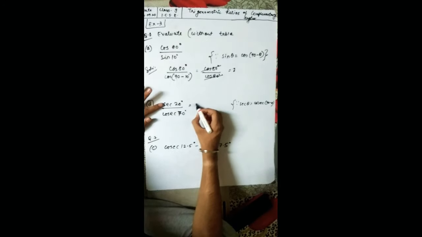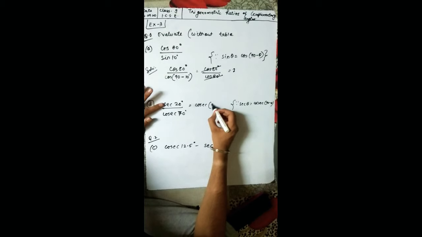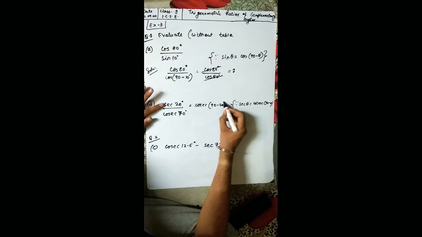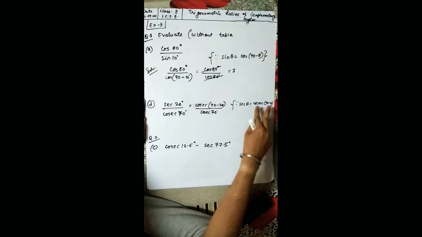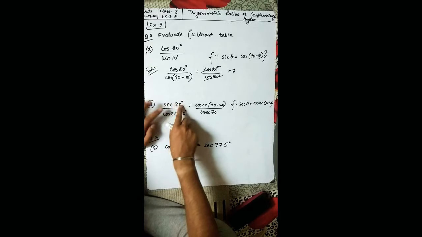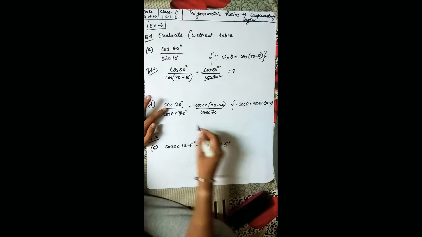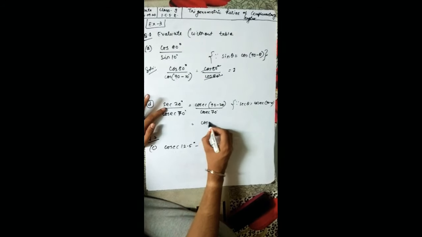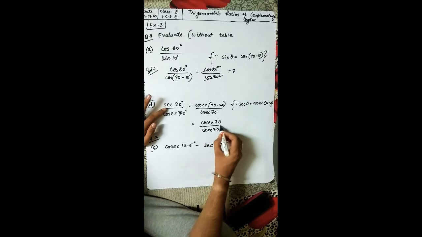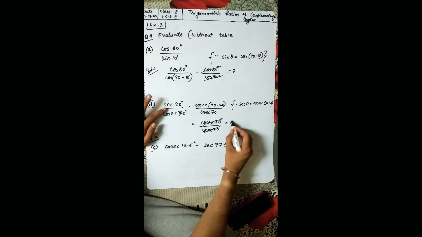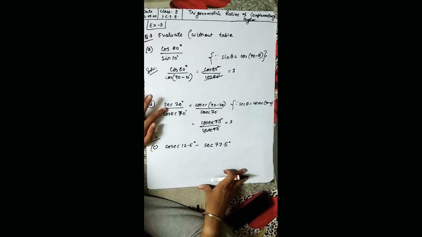So I'm writing cosec 90 minus 20 upon cosec 70. Are you understanding? Sec theta is cosec 90 minus theta. So this is cosec 70 upon cosec 70. Again cancelled, we got 1 as the answer.